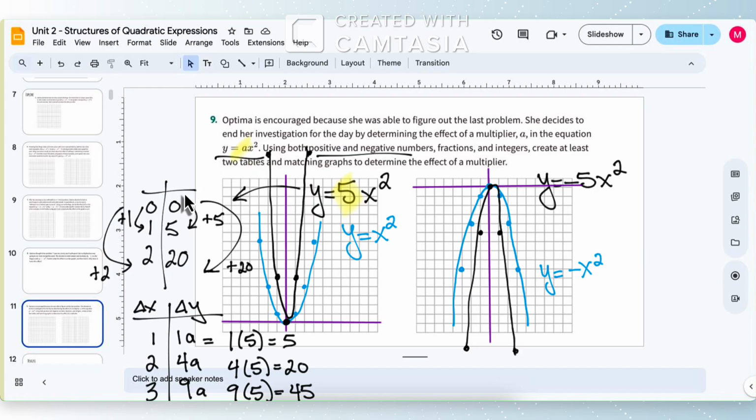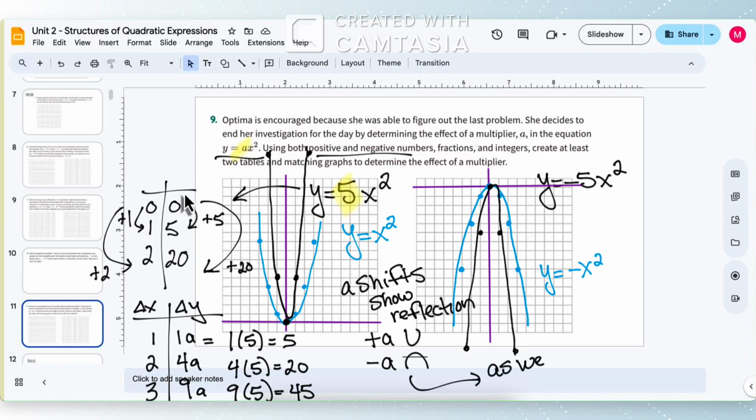So if we have an A-shift, A-shifts show reflections, right? If it's a positive A, it's going to be a U. If it's a negative A, it's going to be an N. And then as well as slope count changes.